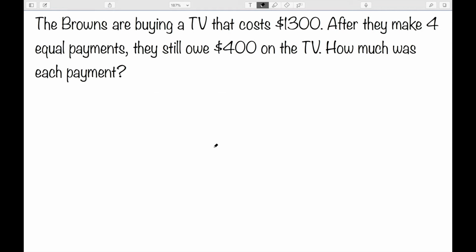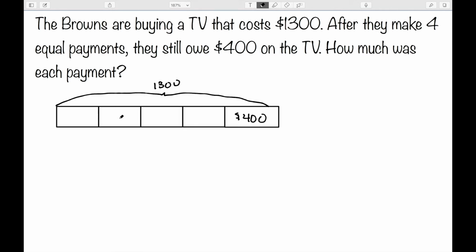Let's do this problem again, but this time I want to solve it with algebraic equations supported by a strip diagram. For that, we still start with our basic diagram, and I'm going to let each one of these missing pieces be equal to x, since I know they are equal. So we know we have 4x's plus an additional $400 is equal to the total of $1,300.